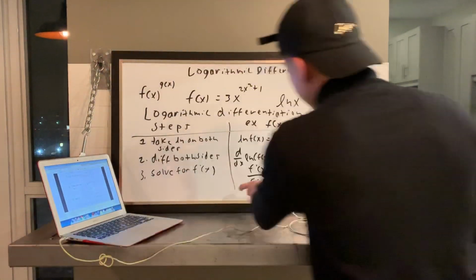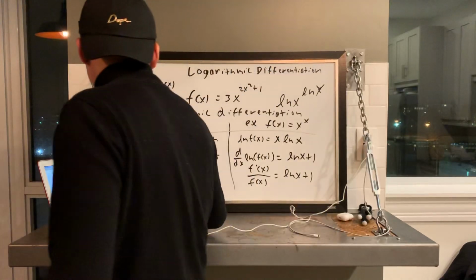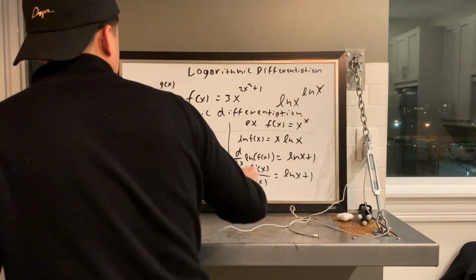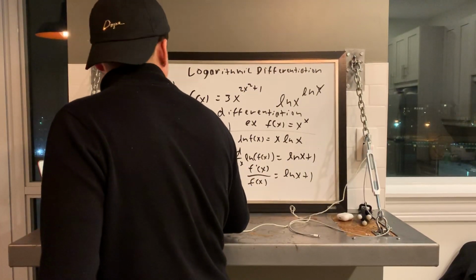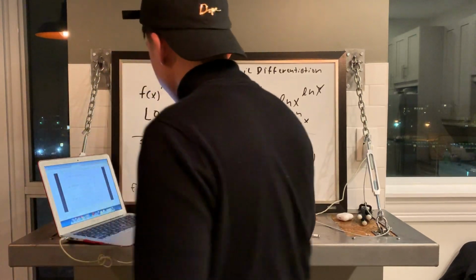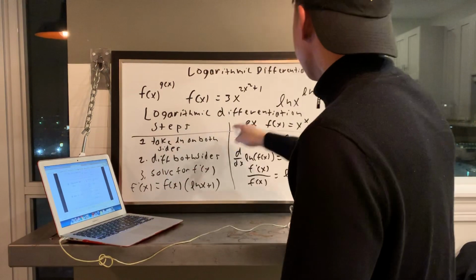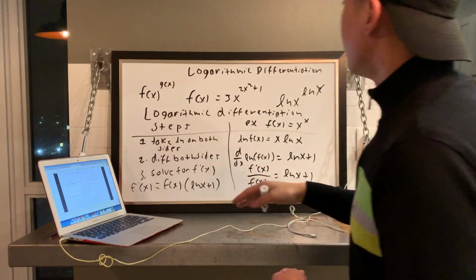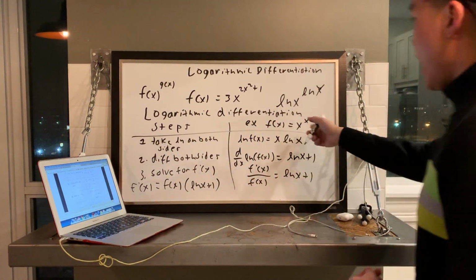We go ahead and multiply both sides by f of x. So f prime of x is f of x times ln of x plus 1, basically. But f of x we defined as x to the x.